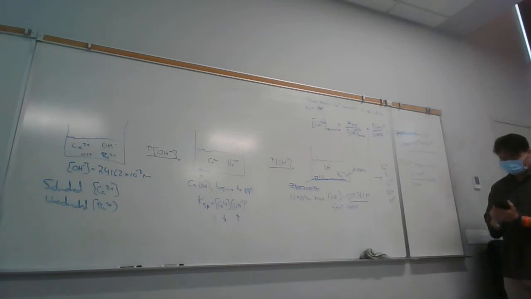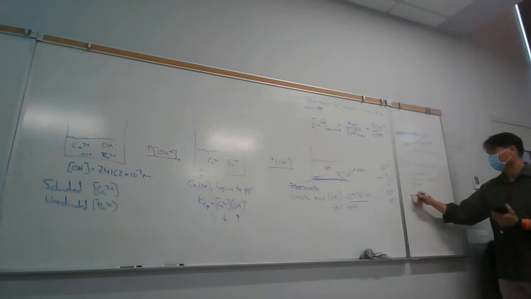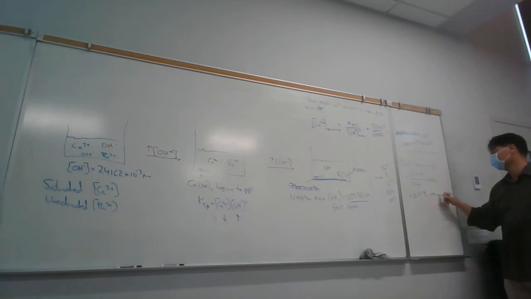So 1.1 times 10 to the minus 4 divided by 0.1 times 100. And we get 0.11% remains unprecipitated.